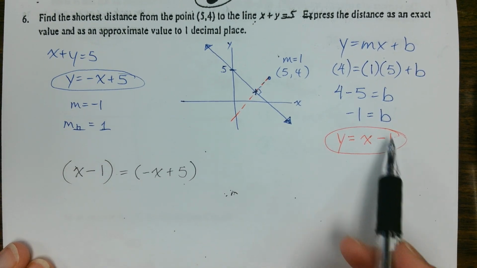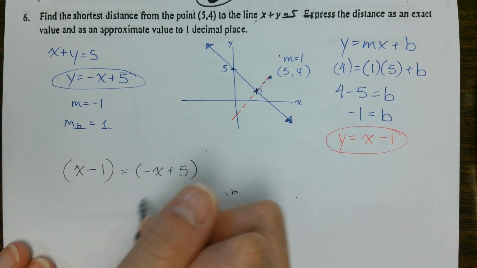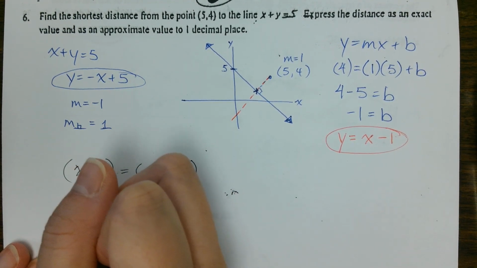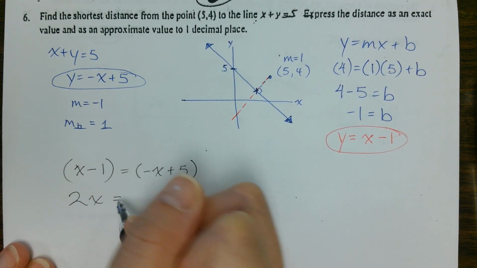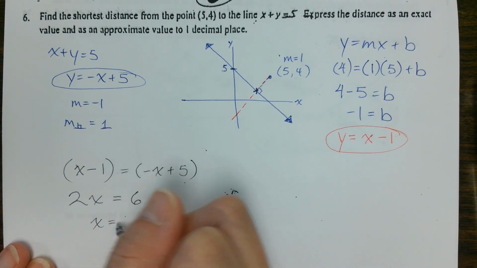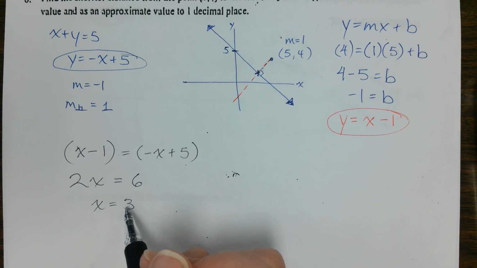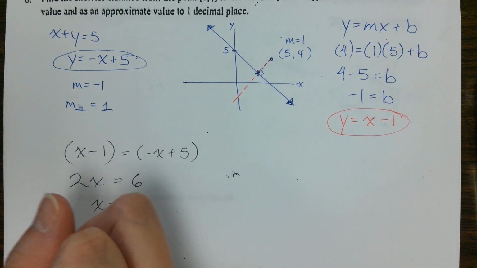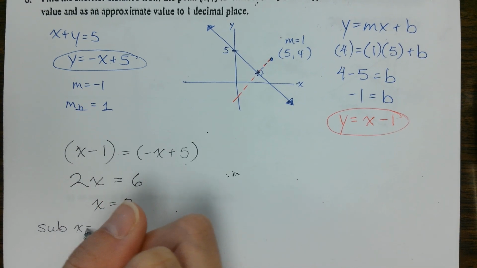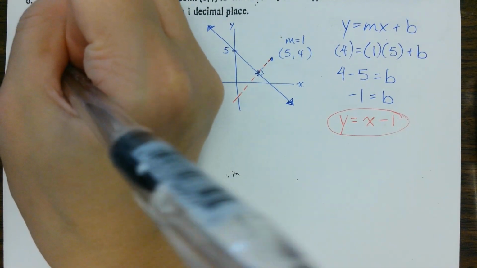I substituted this in for the y right here. So when I move the things over, I get 2x equals 6, so x equals 3. Now I can substitute x equals 3 into either equation. So let's say I sub it into equation 1 right here.